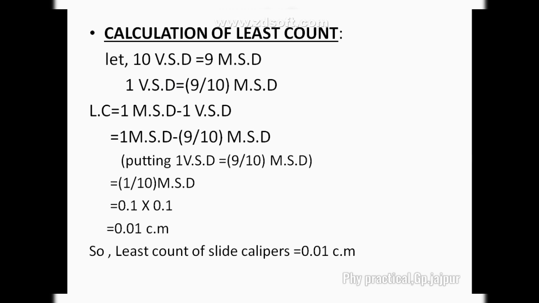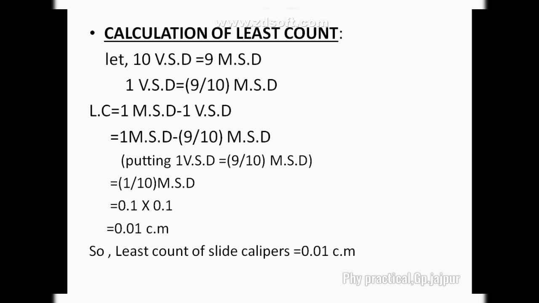The value of 1 vernier scale division we put as 9 by 10 MSD. Then MSD is common, so 1 by 10 into MSD. 1 by 10 is 0.1, 0.1 into 0.1, that is 0.01 centimeter. So, we found the least count of the slide caliper is 0.01 centimeter.